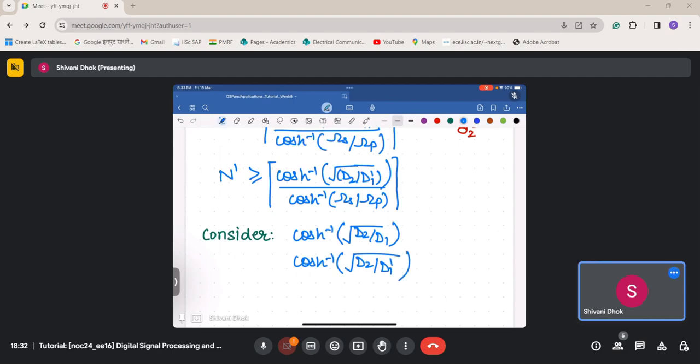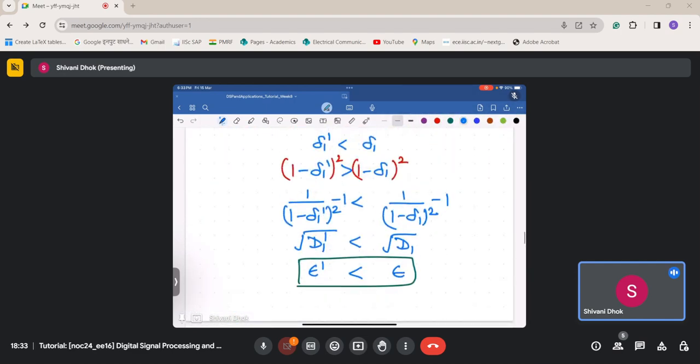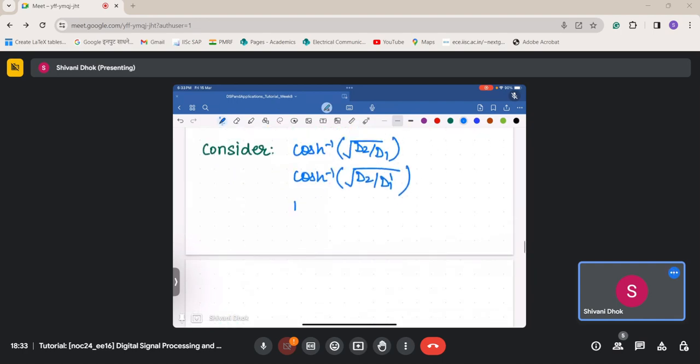Now, we had obtained some relation here for d1. So we found out that d1 prime is less than d1. And we also said that we have this quantity.